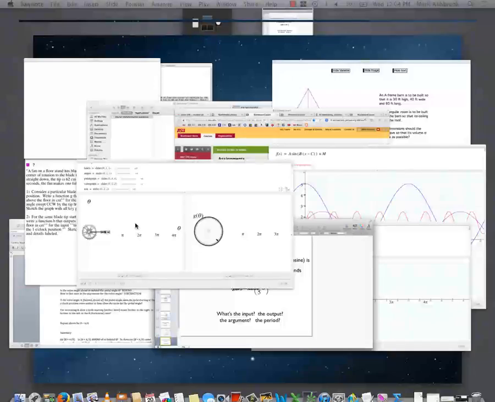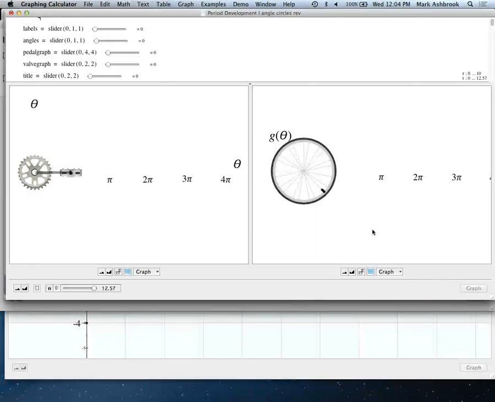We've left off with this one here. When the pedal angle is at 0, the tire valve starts pi over 4 clockwise. The first thing we said was we wanted to write the tire valve angle, and now we're calling that some function of the pedal angle.